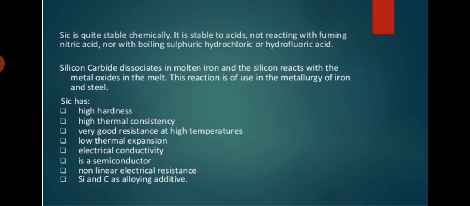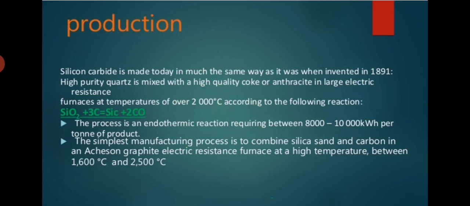This silicon carbide has high hardness, high thermal conductivity, very good resistance at high temperature, low thermal expansion, electric conductivity, and it is a good semiconductor. It also has a non-linear electrical resistance, and has silicon and carbon as alloying additive.